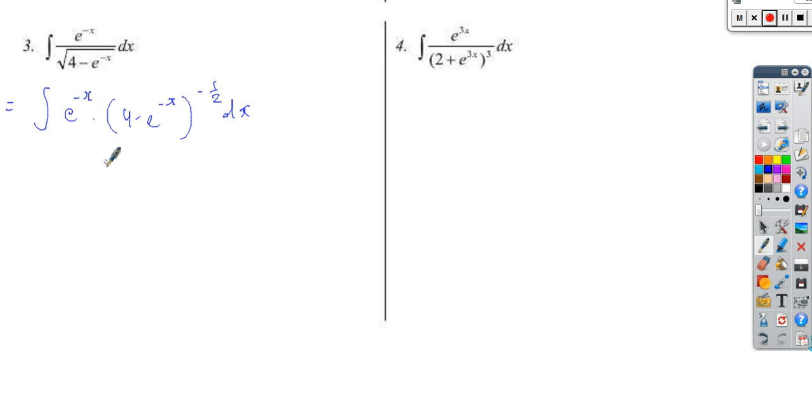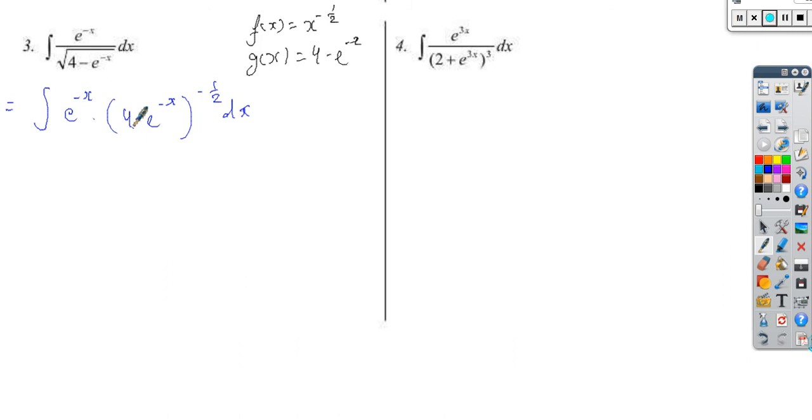Okay, just to be safe, let's actually do the writing out here of f of x and g of x. F of x is of course x to the power of minus a half, and the inside is what's in that bracket, g of x, 4 minus e to the power of minus x. Okay, and now we can continue. So, I need to make sure I have the right format.